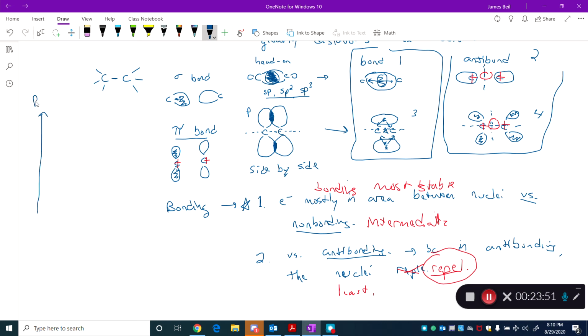So again, if we're looking at potential energy, which relates to how stable it is, recognizing that it's more stable when it's lower potential energy and more unstable when it's higher potential energy. So if we want to compare, that bullet point is really comparing a non-bonding versus bonding versus anti-bonding.